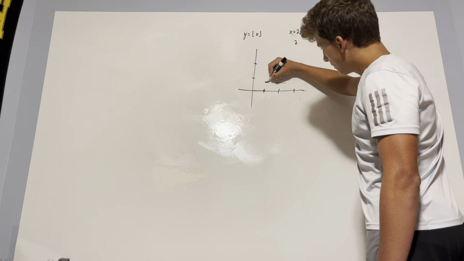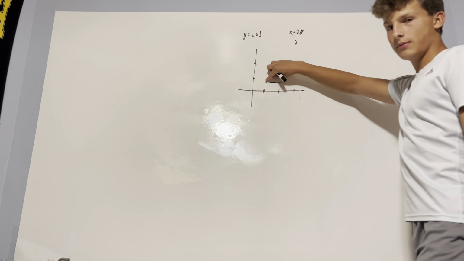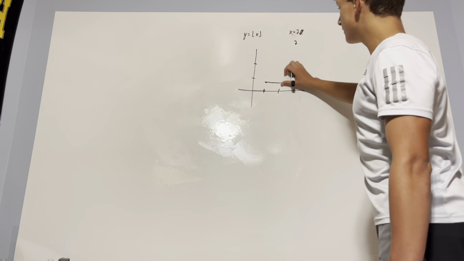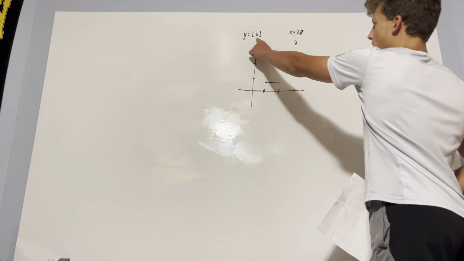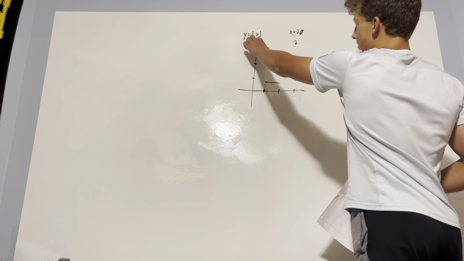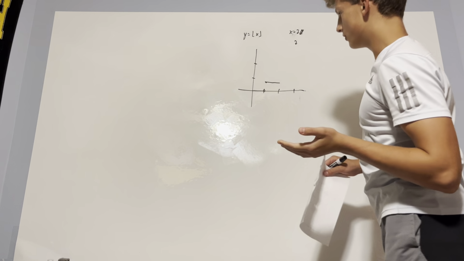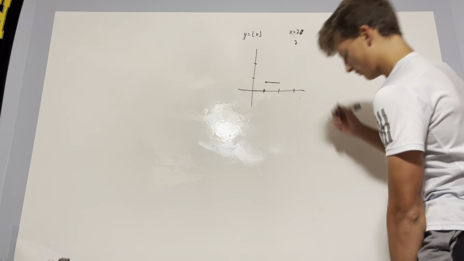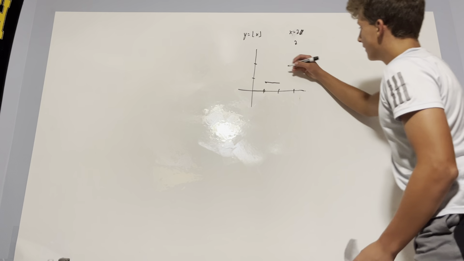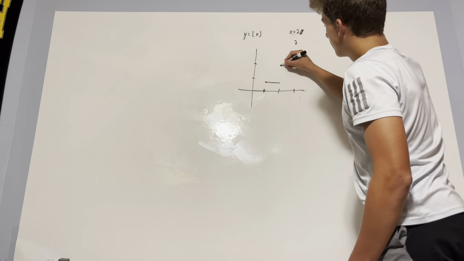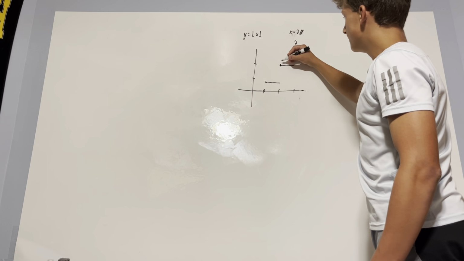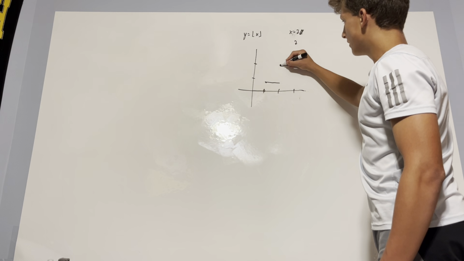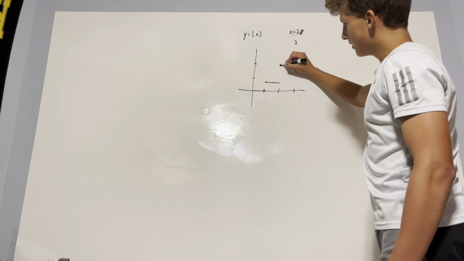The part on the left here is going to be filled in because for the value of x equals 2, that is going to be at that integer, so it's just going to be a point there.